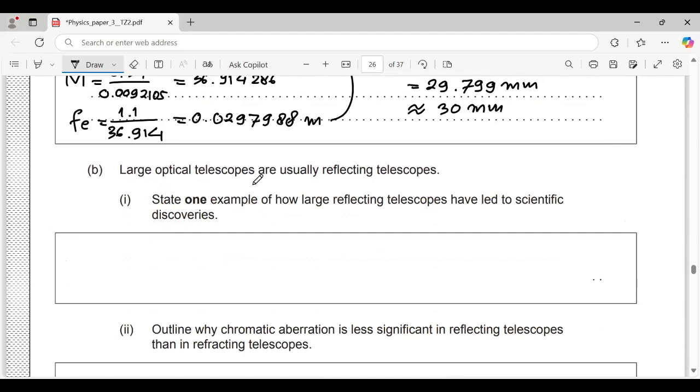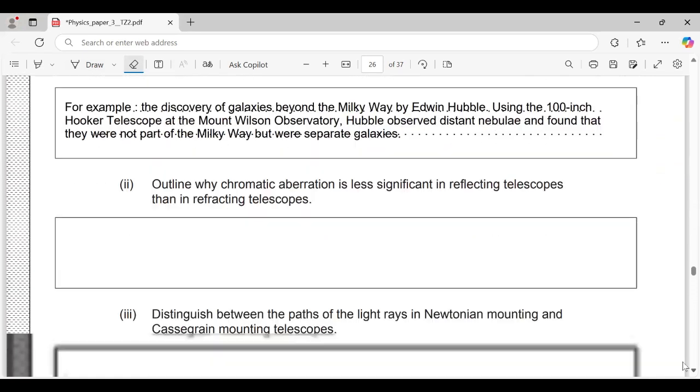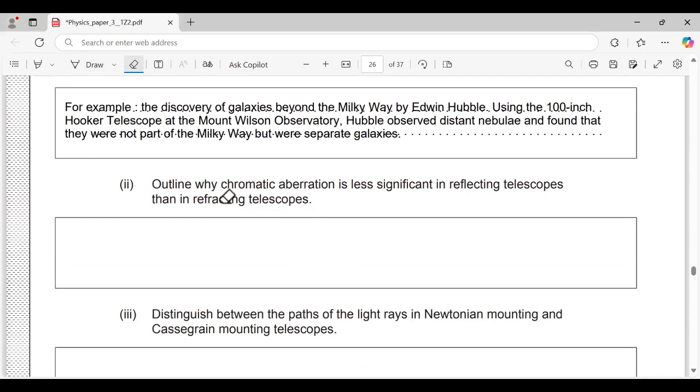Large optical telescopes are usually reflecting telescopes. State one example of how large reflecting telescopes have led to scientific discoveries. I have provided my explanations, my opinion about this. You may copy or you may add something for your explanation. Next, outline why chromatic aberration is less significant in reflecting telescopes than in refracting telescopes as well.